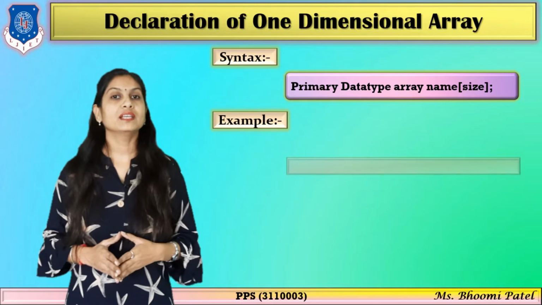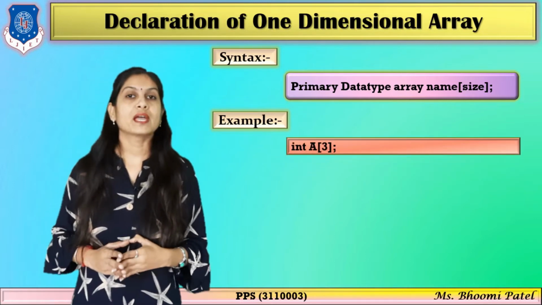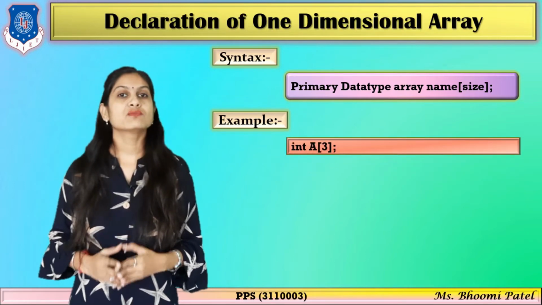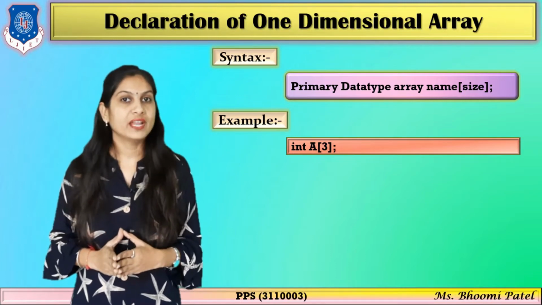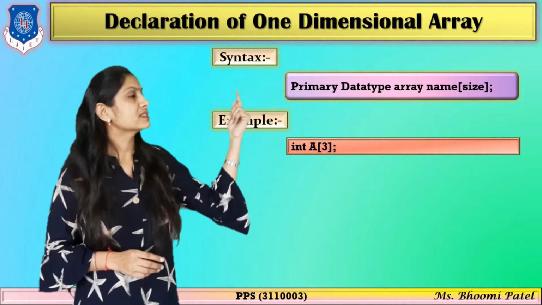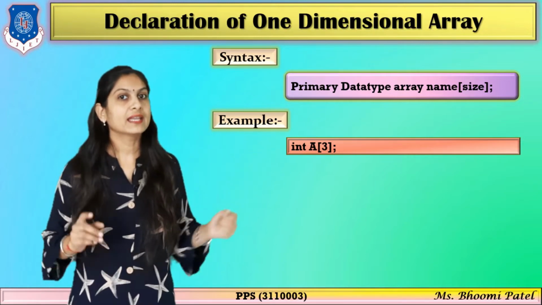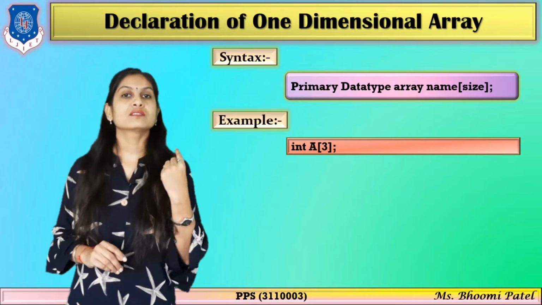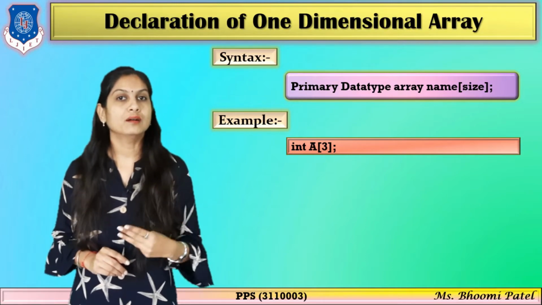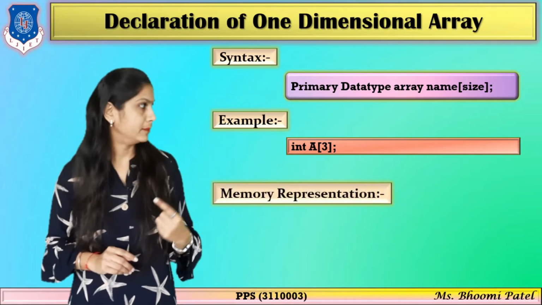Now the example: the primary data type, here I have taken integer, meaning you can combine integer kind of data together using the array name capital A, and the size here is 3, meaning a total of 3 elements you can combine in variable A.